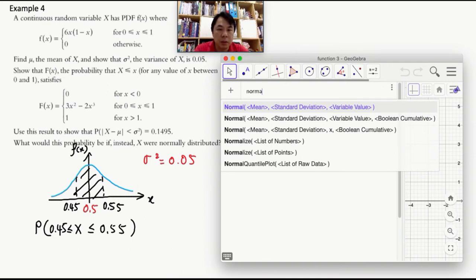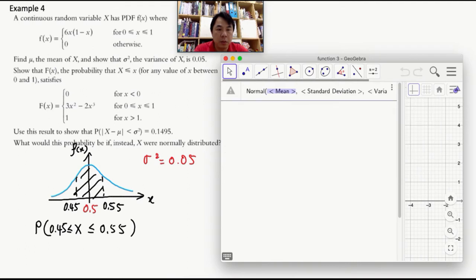Okay, so just let me check for a while. What are we going to get here? Most probably we're going to get this one here. We know that the mean is 0.5. Standard deviation is the square root of my 0.05 in this case.